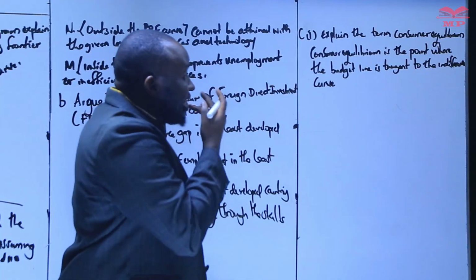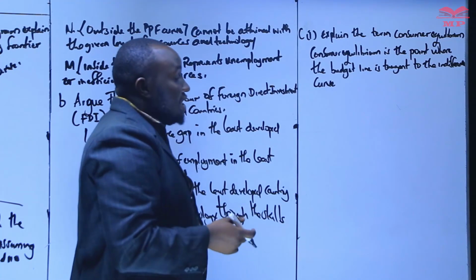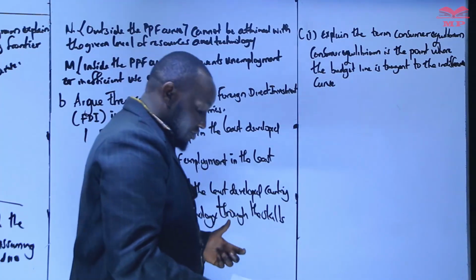We say that consumer equilibrium is a point where the budget line is basically tangent to the indifference curve.